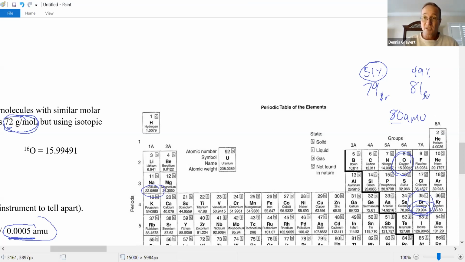Okay, the average is closest to the most common isotope. And isotopes are always whole numbers because they have protons and neutrons in them, right? Whole numbers of protons, whole numbers of neutrons, can't have a fraction of a neutron. Anyways, 15.99 is closest to 16, and that's the most common isotope of oxygen. Do that with any elements. That's how you get the most common isotope.